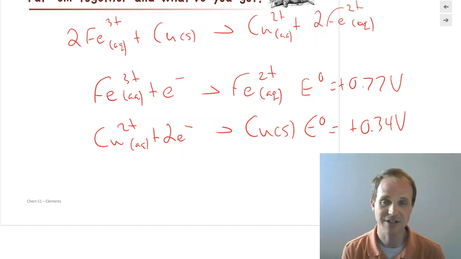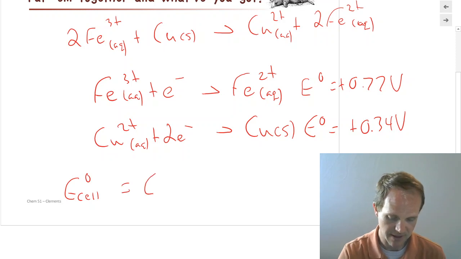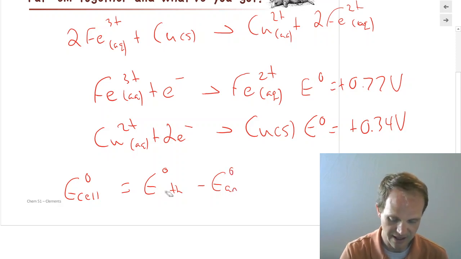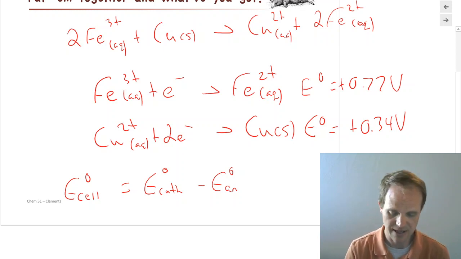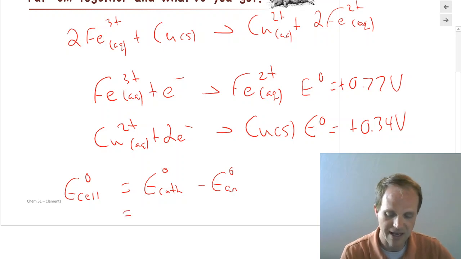All right, so how could we actually calculate the cell potential? E cell is going to be my E cathode minus E anode. People will do cath and an very frequently, or C and A also, you'll see that. Well, we figure out which one's our cathode. The cathode is reduction. Who's getting reduced?